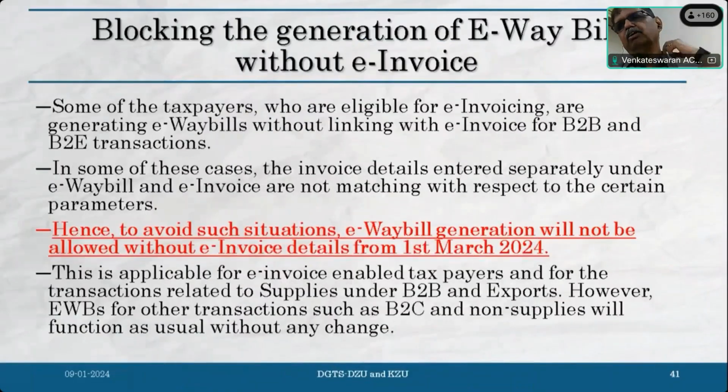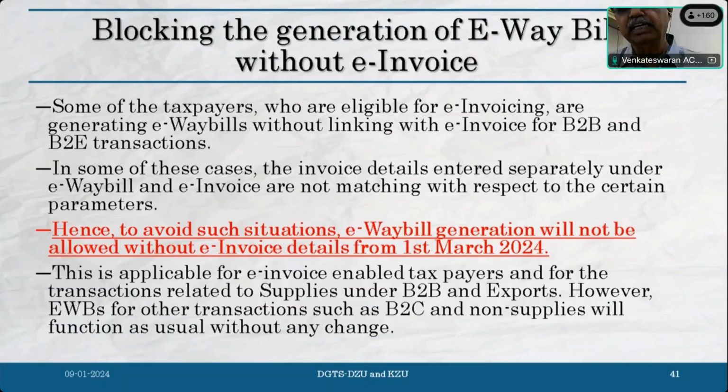Another e-way bill requirement, going to be implemented from March 2024: the department found that many people, though raising e-invoices, are not properly mentioning them and linking them with e-way bills. Because of that, I find there are so many issues. The class of buyers has not done any e-invoicing, to avoid such non-generation of e-invoices.